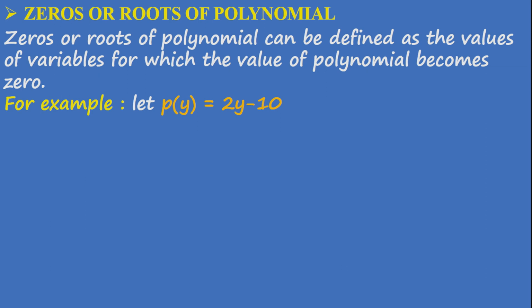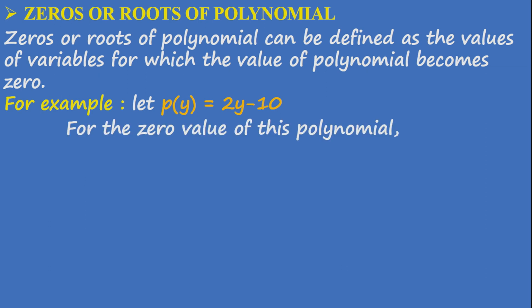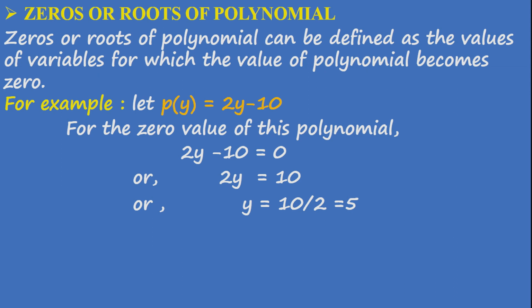For the zero value of this polynomial, we have to make it equal to 0. So 2y - 10 = 0, or 2y = 10, or y = 10/2, that is equal to 5. So 5 is the root or zero of the given polynomial.